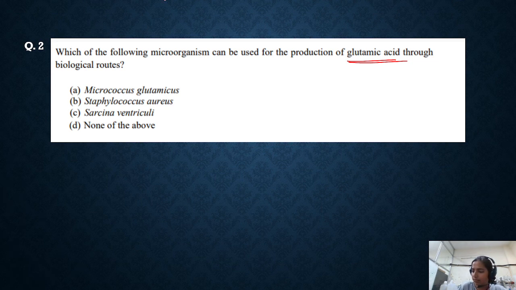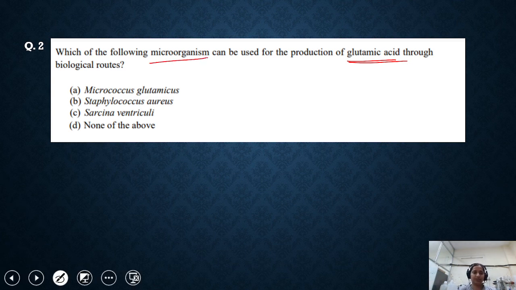Any one of you want to answer this? At least you must know which microorganism is used for its production. For any fermentation, because here we are studying the fermentation of different products, what are the four major things that you require?